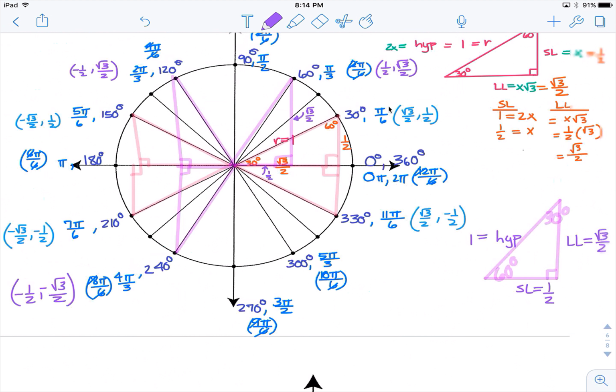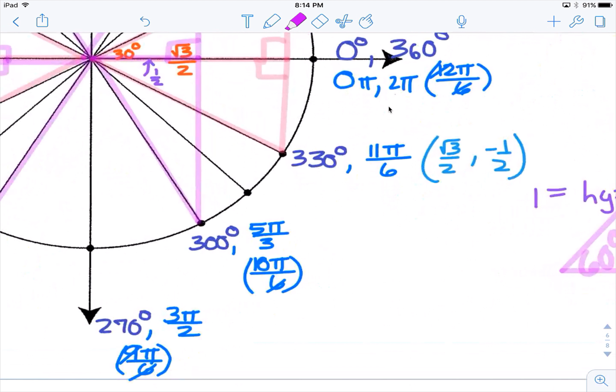And the last one, in quadrant 4, we have a positive x and a negative y.